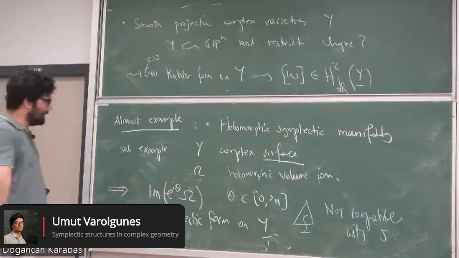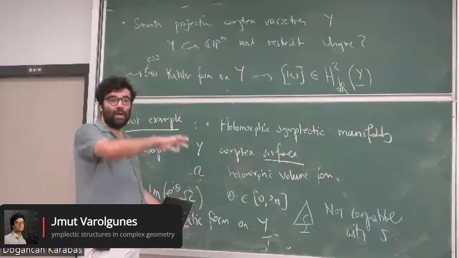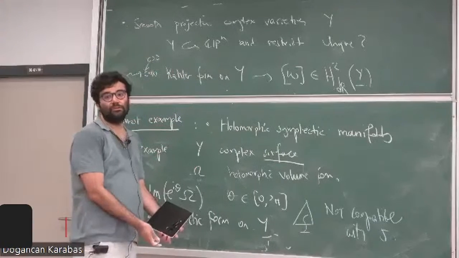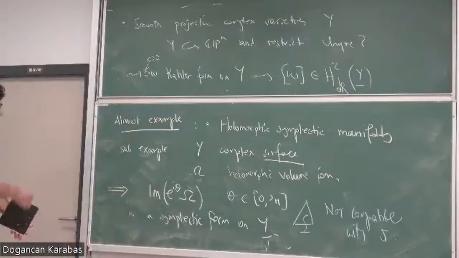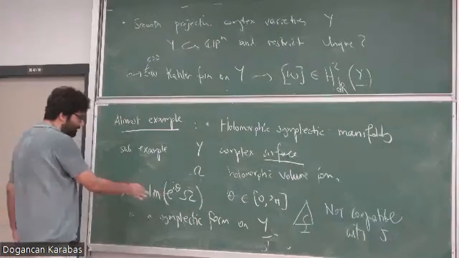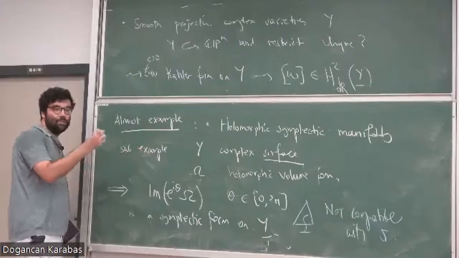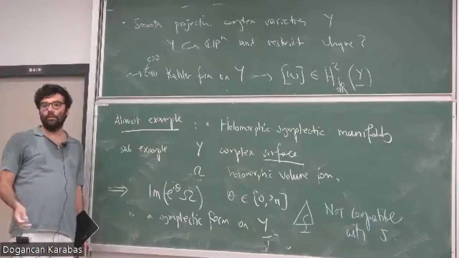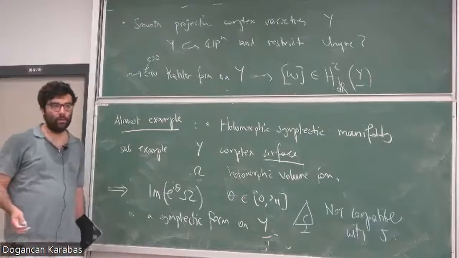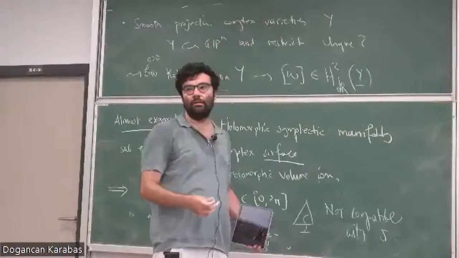And if you have a hyperkähler manifold, then you don't have just one natural J, but you have this twistor family of J's, this P1 complex line family of J's. And if you do this there, then this will not be compatible with the J that you started with, but it will be compatible with some J that lives on that twistor space. Okay, so it will be a Kähler structure for that J.